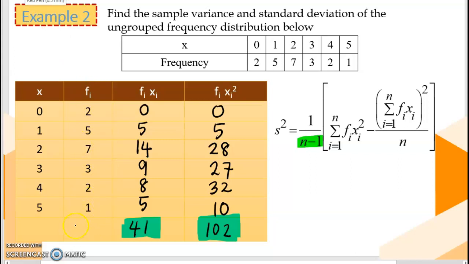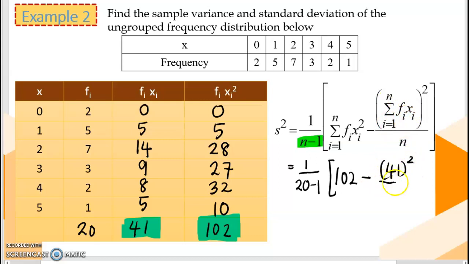So summation of f will be 20. And then we substitute 1 over 20 minus 1 multiplied by summation of fx squared 102 minus 41 squared divided by 20.